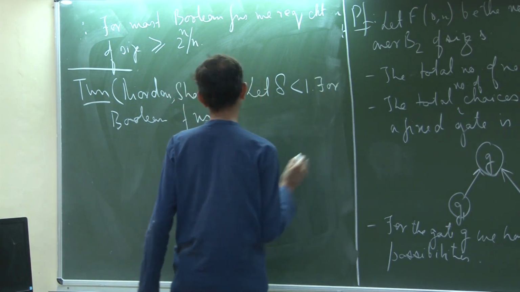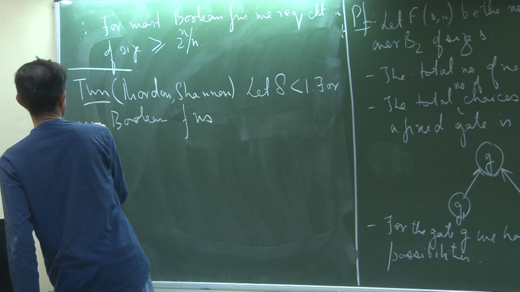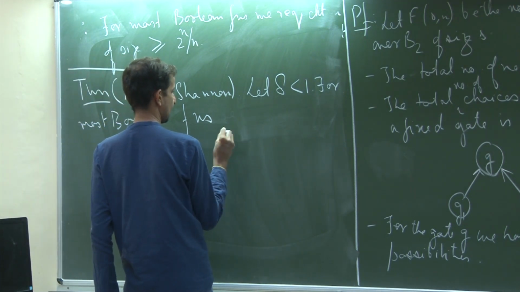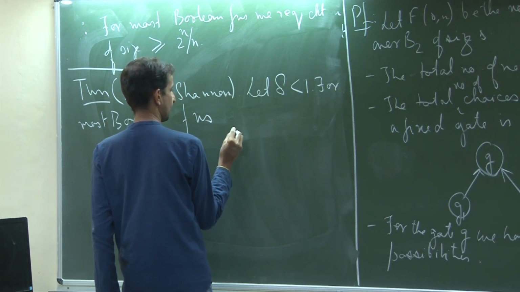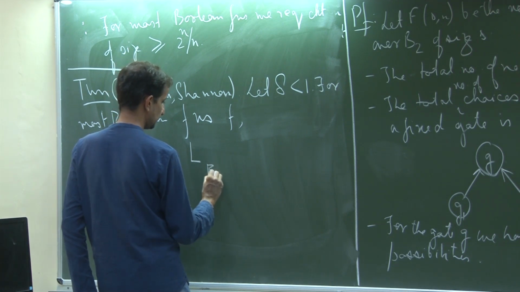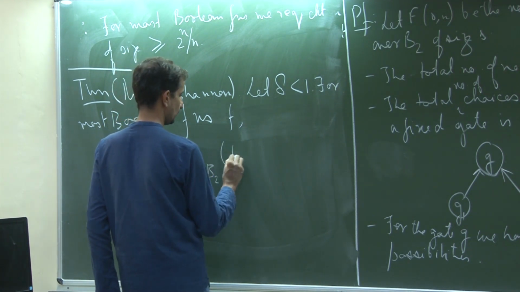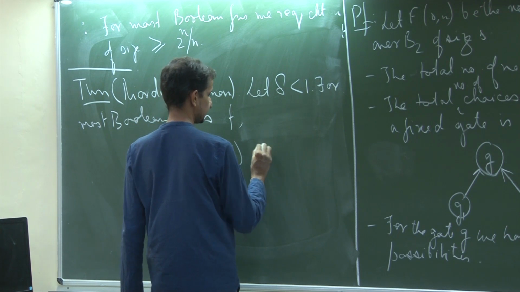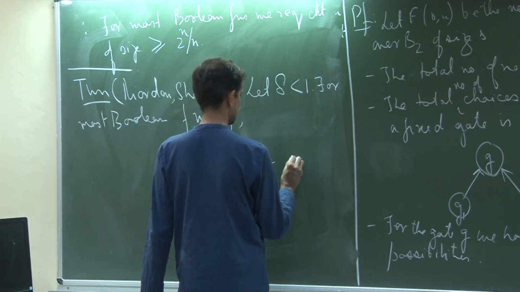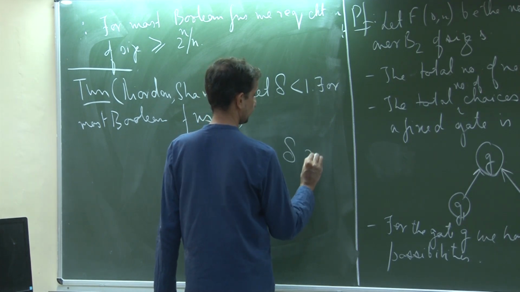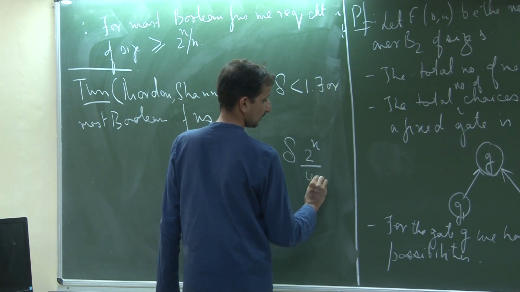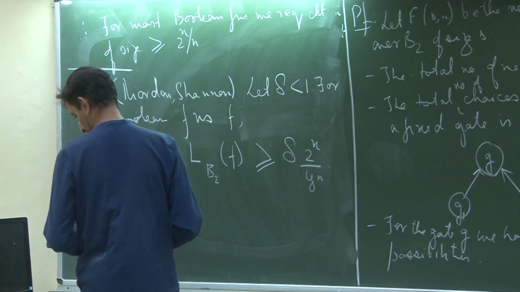For most Boolean functions f, L B2 of f is at least as large as delta times 2 to the power n by log n.